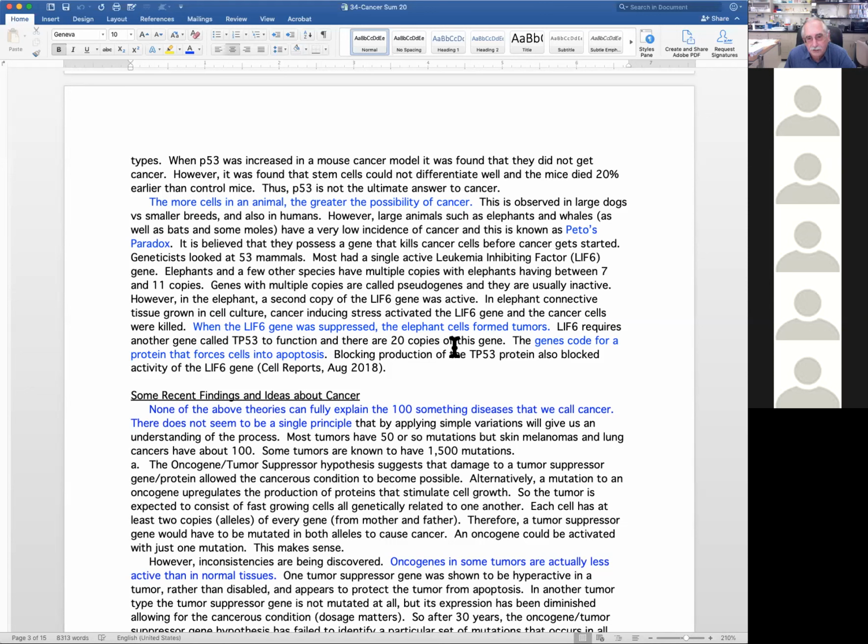So what that gene codes for is a protein that forces cells into apoptosis. So blocking production of the T53 protein also blocked the activity of the other gene and forced the cells into apoptosis.